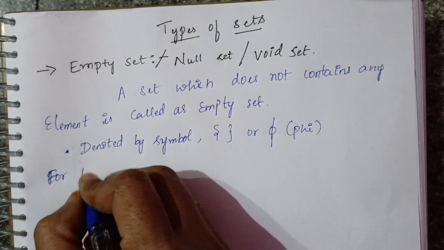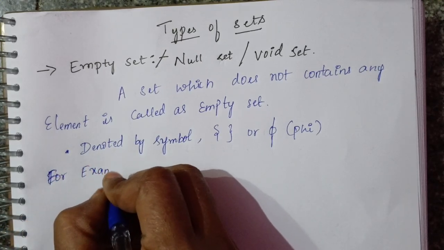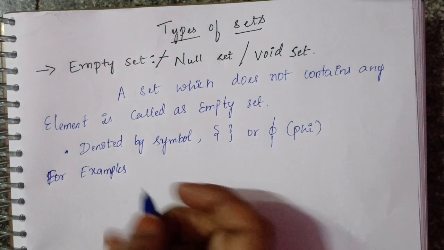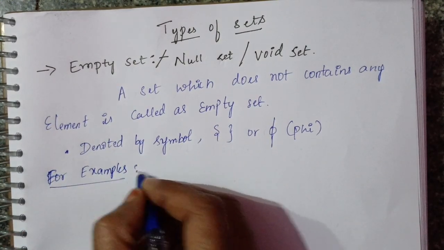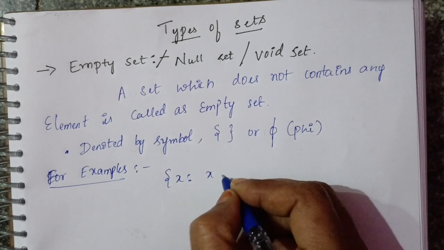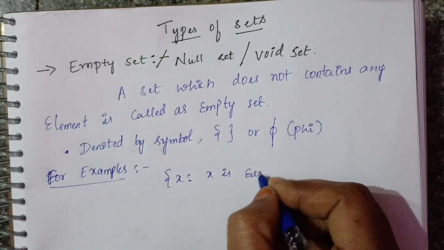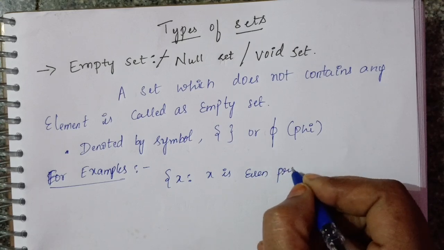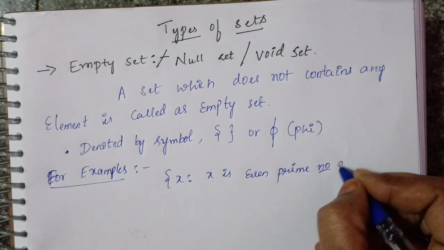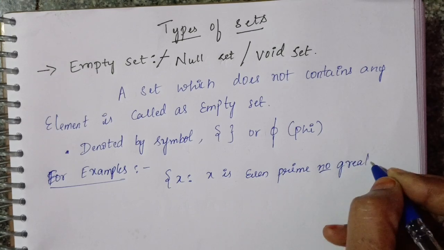Examples for empty set. We can write x, where x is an even prime number greater than 2.